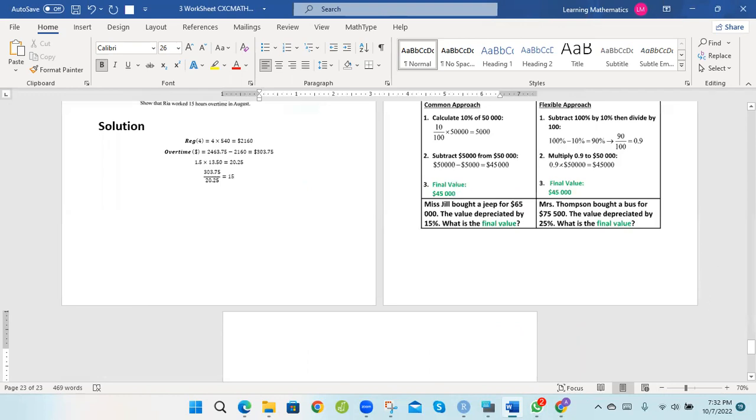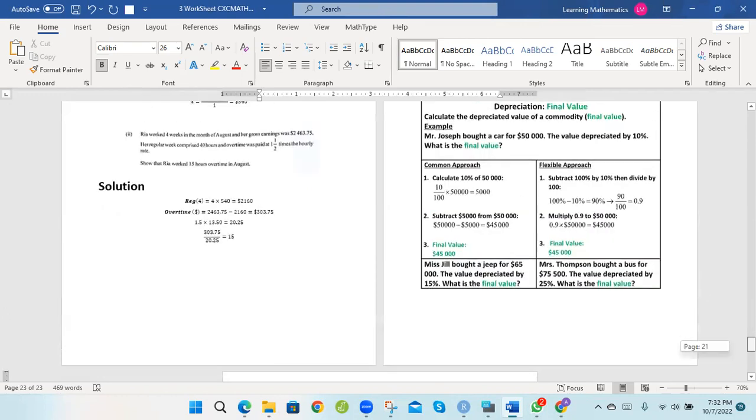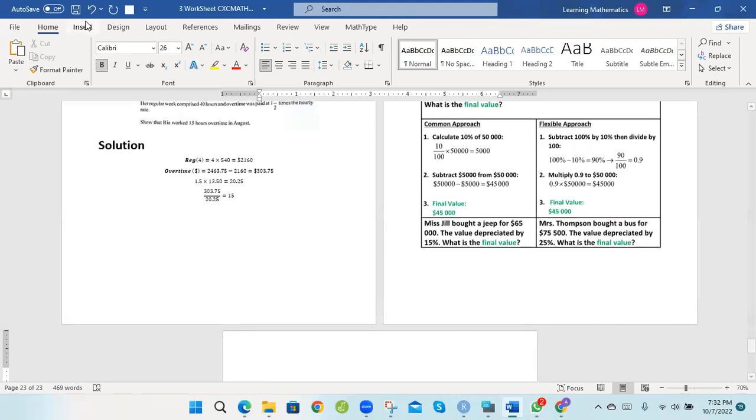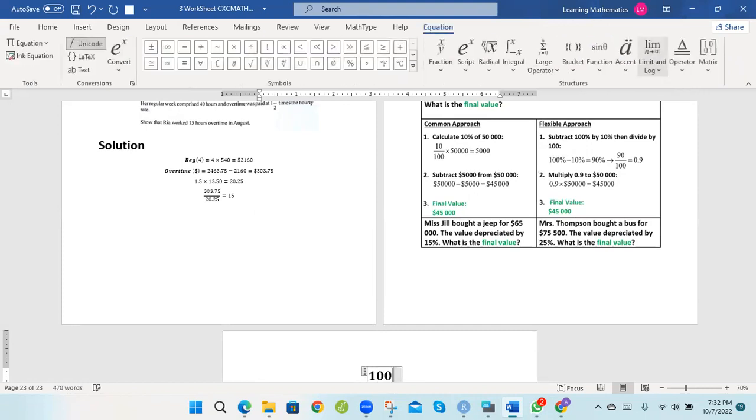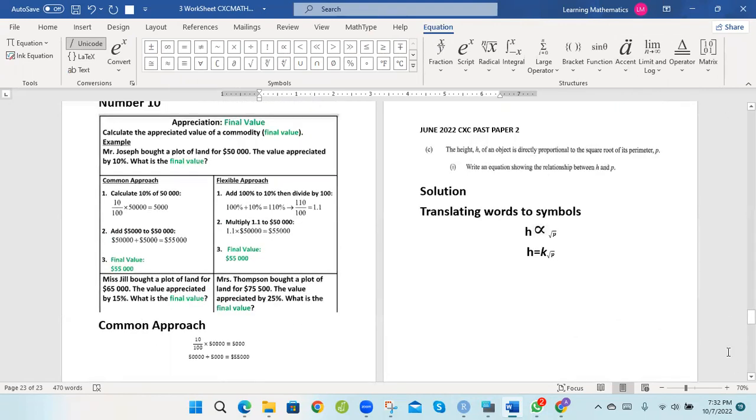So start writing. The first thing you do, you write down 100%. And because it's a depreciation, when it was appreciation, you add.